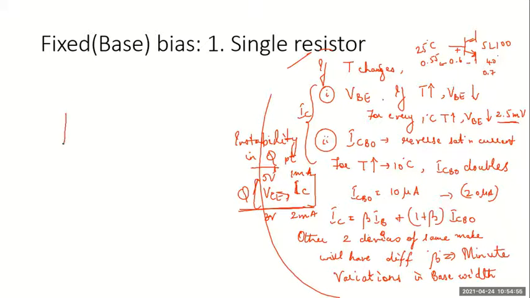As the name indicates, this circuit involves just fixing the base emitter voltage by connecting one single resistor in the base region like this, and as usual we have the load resistor here and VCC will lie here.